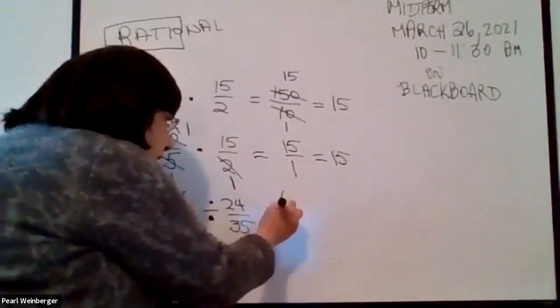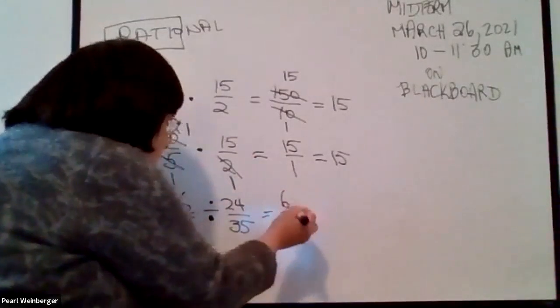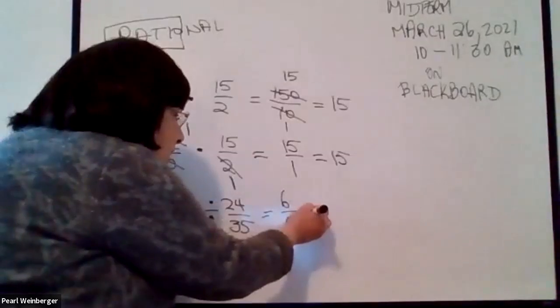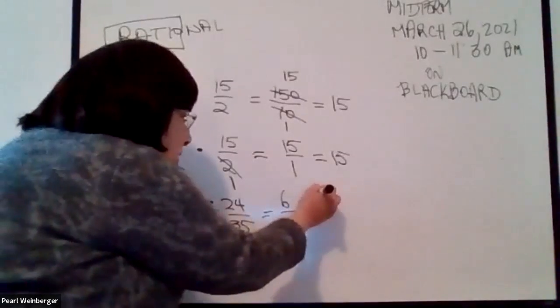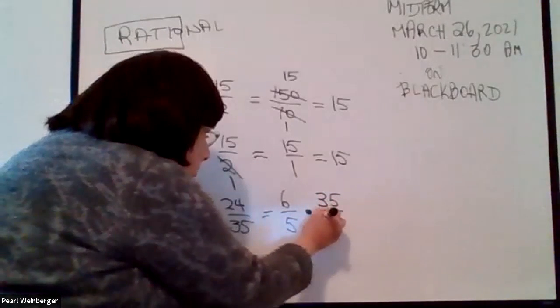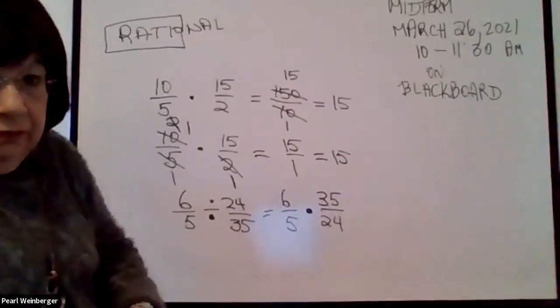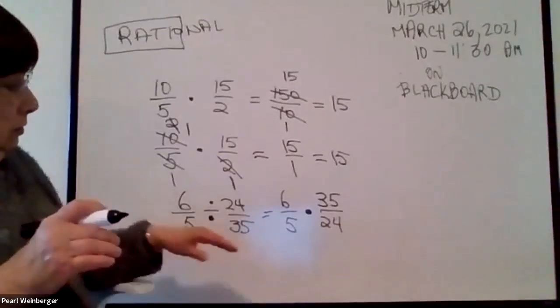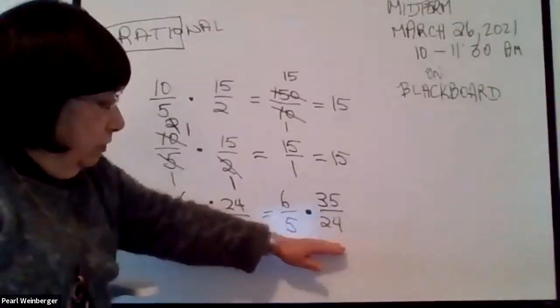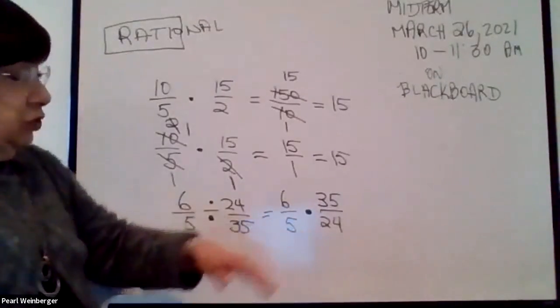You leave the first fraction alone, as 6/5, but you change the operation to multiplication by taking the reciprocal. So you flip your second fraction, and then you have a multiplication problem. Okay, I'm going to give you a couple minutes to finish this multiplication.